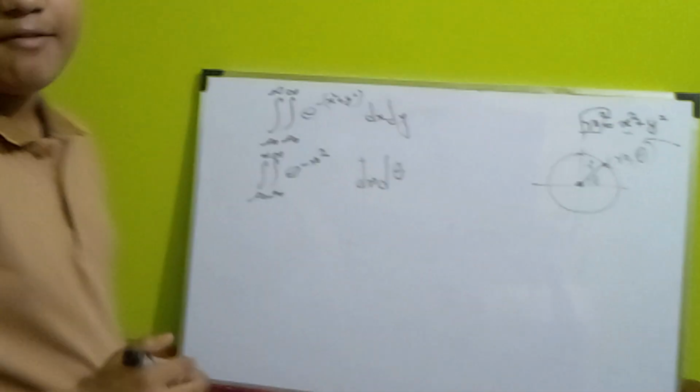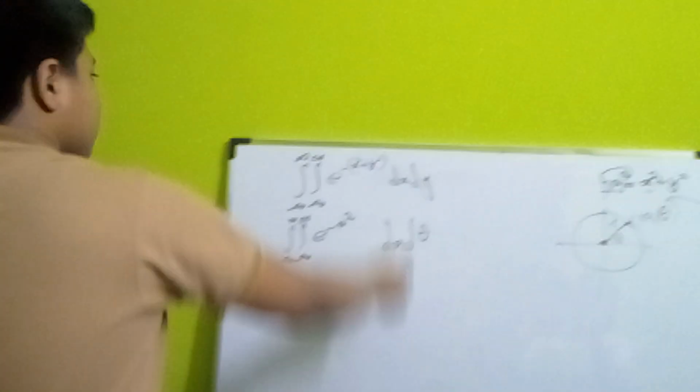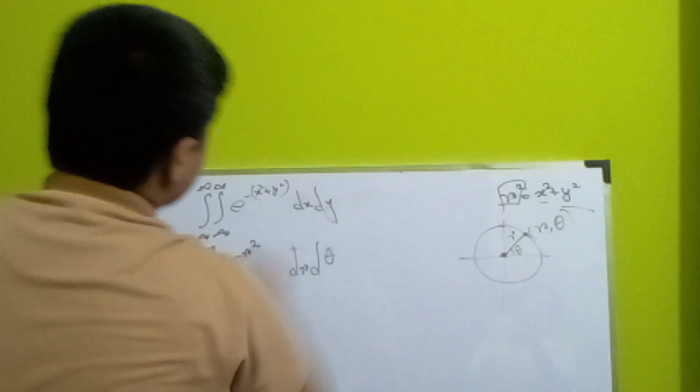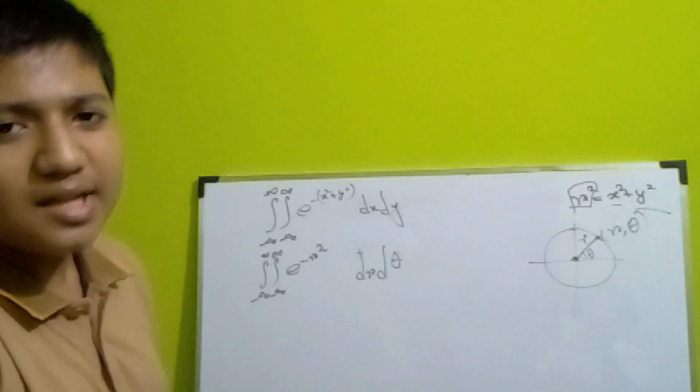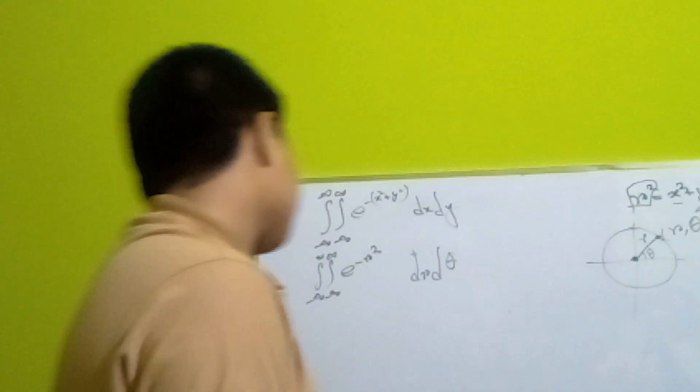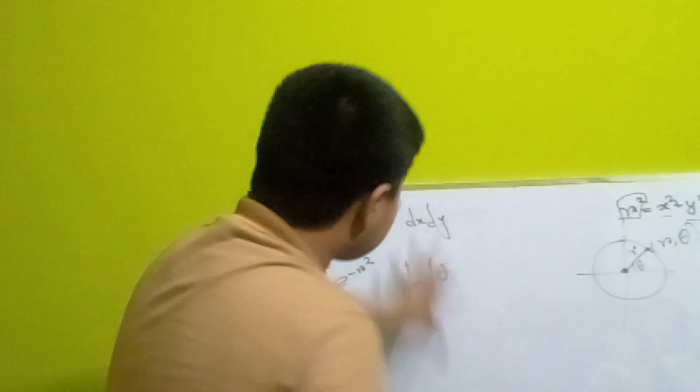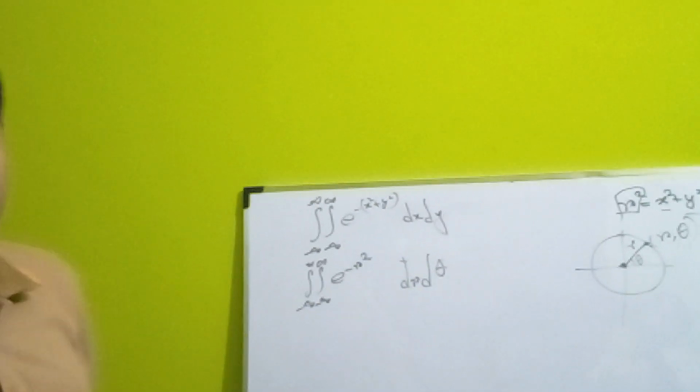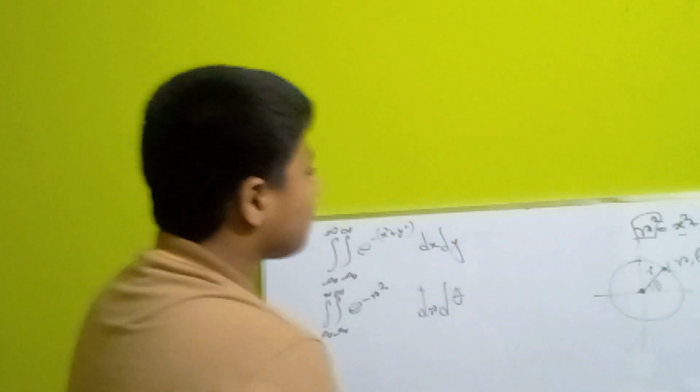But every transformation comes at a cost. Here you can see the dx dy term is actually representing an area. Here the dr d theta is also an area. Area to area, we are going to use a transformation.